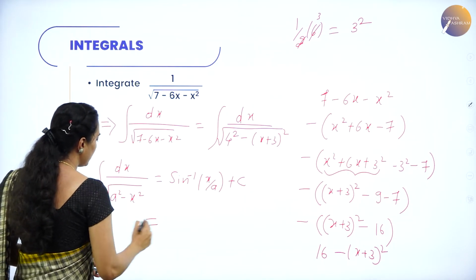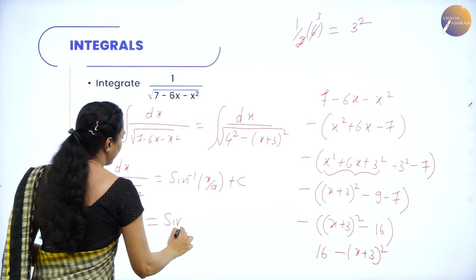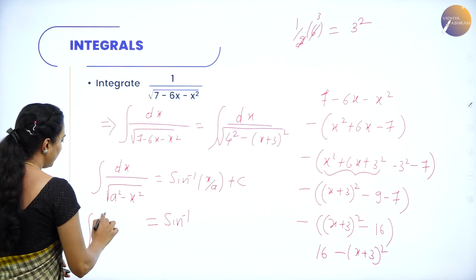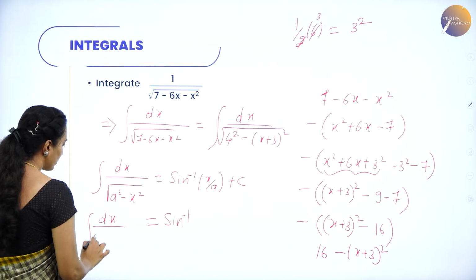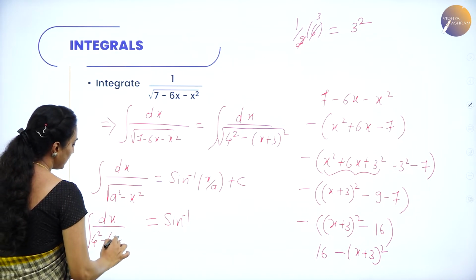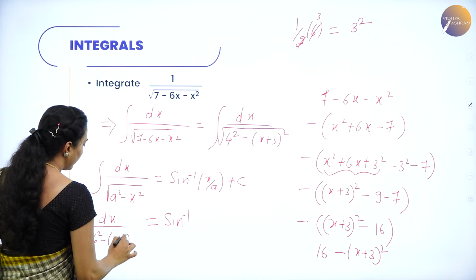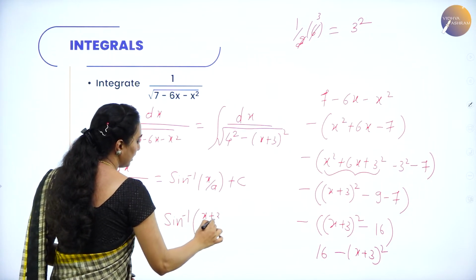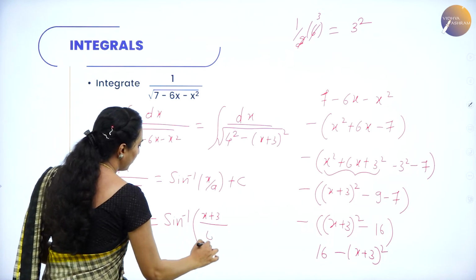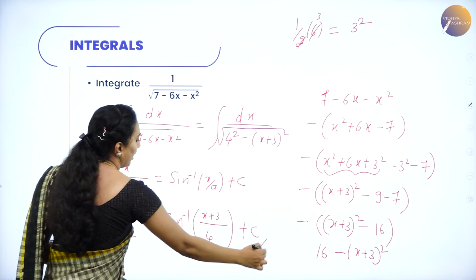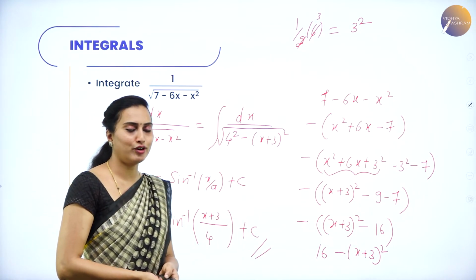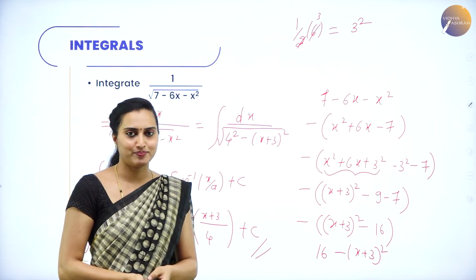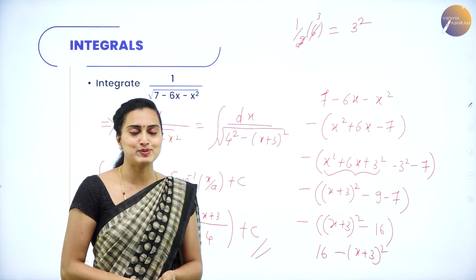Writing accordingly, which implies sine inverse of, dx divided by under the root of 4 squared minus (x plus 3) whole squared can be written as sine inverse of (x plus 3) divided by 4, plus c. And this is your final answer, dear students. I hope you understood these steps also.